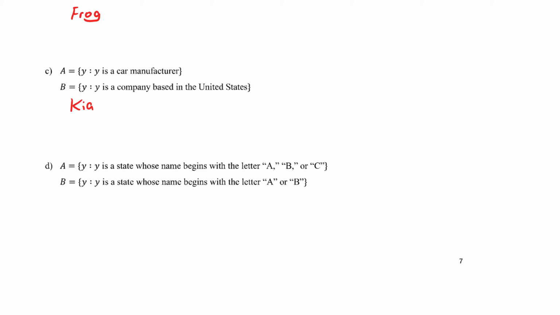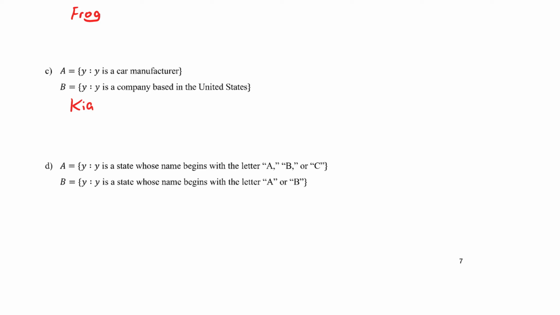And then the last example we have in this section is looking at the first set, the set of Y, where Y is a state whose name begins with the letter A, B, or C. The second set is the set of Y, where Y is a state whose name begins with the letter A or B. So we need a state whose name begins with A, B, or C in the first set.